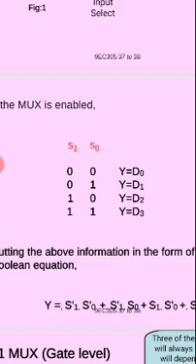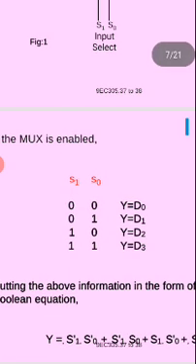Whenever for select lines there are 0 0 bits, output will be D0. It means the D0 line will be selected. For 0 1 combination, output will be D1.